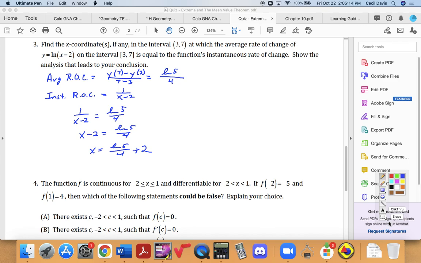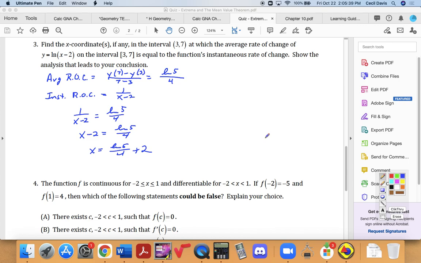All right, anything else? Oh, I got a general question. On the mean value theorem questions, do we have to write the sentence about the conditions, that it is continuous on a closed interval?